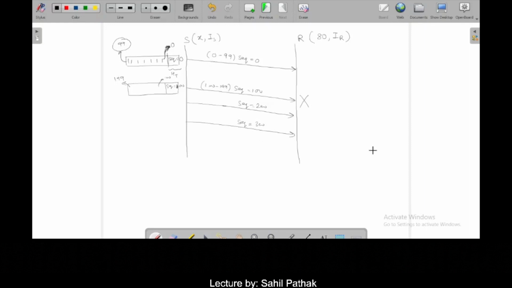Now let us say this is not received by the receiver. So this segment is not received by the receiver, and by then the connection is lost, or you can say the connection is terminated. Okay, so here the connection is closed.